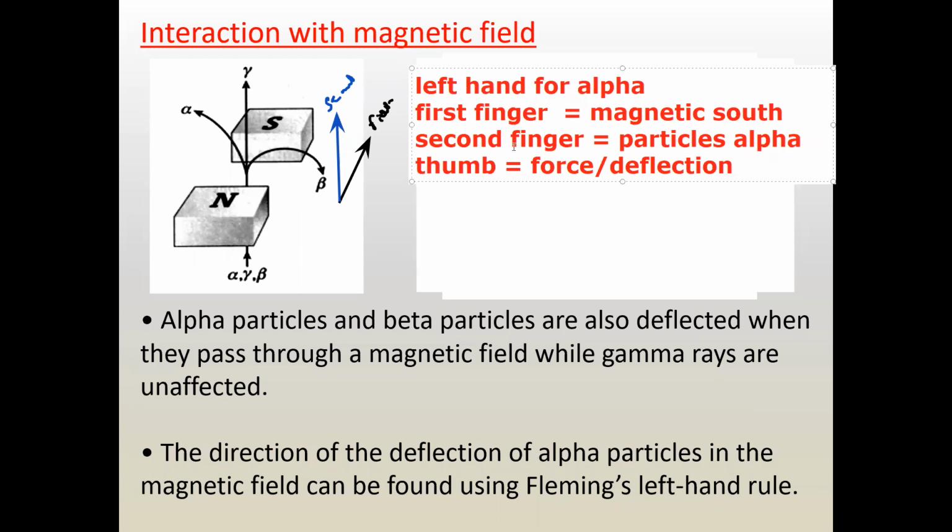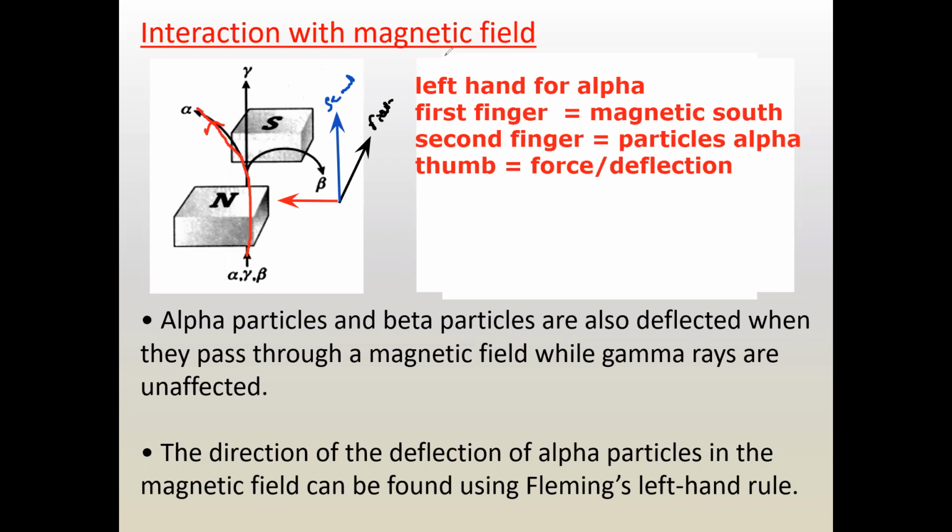Whenever we are finding this for an alpha particle, the first finger points along the magnetic field, the second represents the direction of the particle, and the thumb represents the direction in which the particle experiences the force. In this case, the alpha particle experiences the force on the left-hand side, so it will move towards the left-hand side.